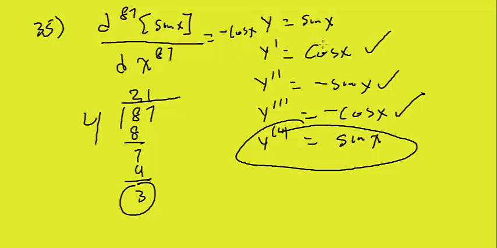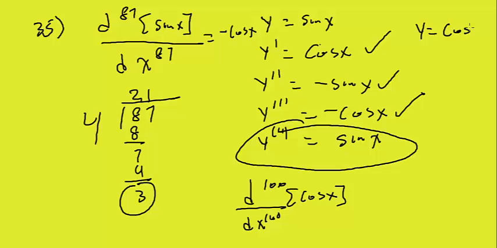Having said that, let's take the 100th derivative of cosine x. We just need to take 4 of them, right? So y is equal to cosine x. y prime, negative sine x. y double prime, negative cosine x. y triple prime, sine x.